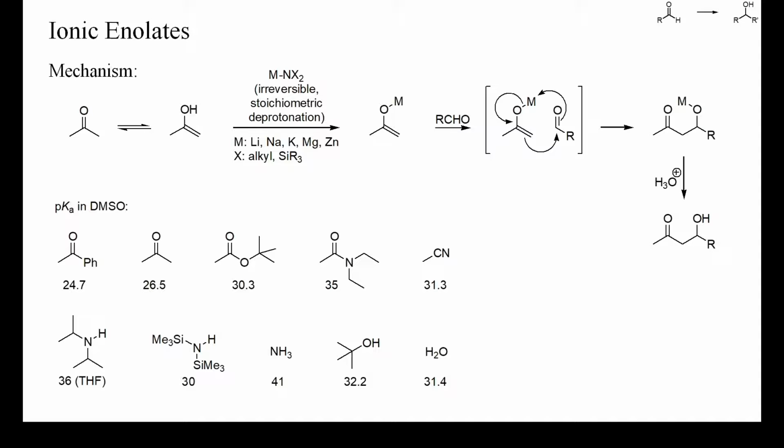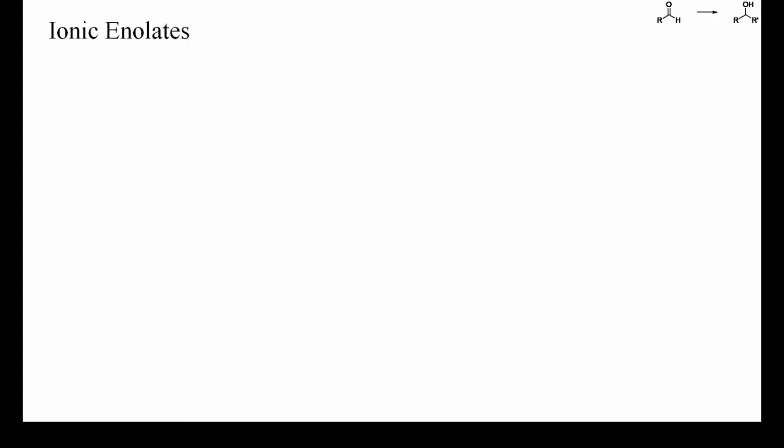Other synthetically useful bases are the salts of bis-trimethylsilylamine. These are not as basic as LDA, but still basic enough to prepare ketone enolates. The main advantages of the stoichiometric generation of ionic enolates, followed by their reaction with aldehydes, are the mild reaction conditions and few side reactions usually seen.